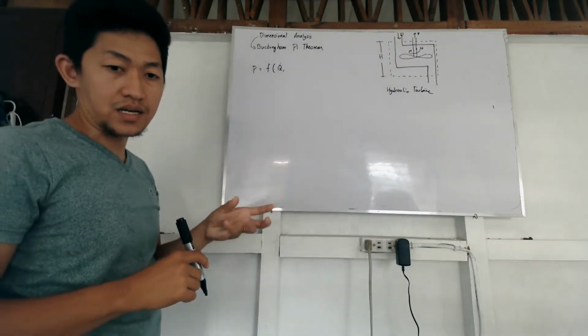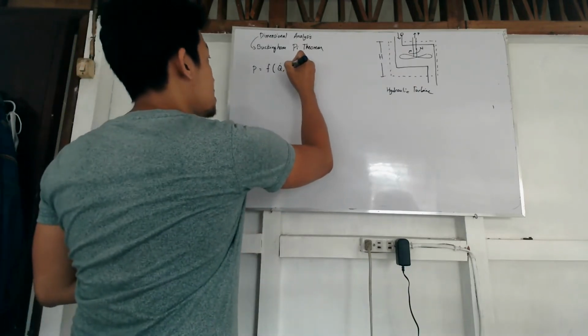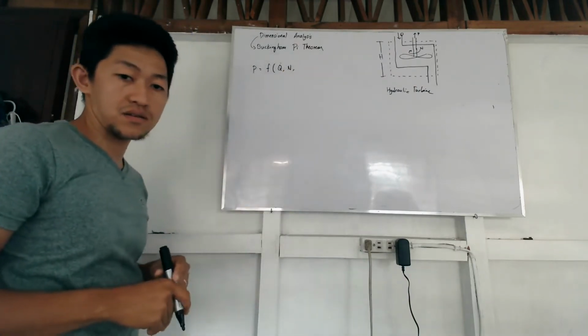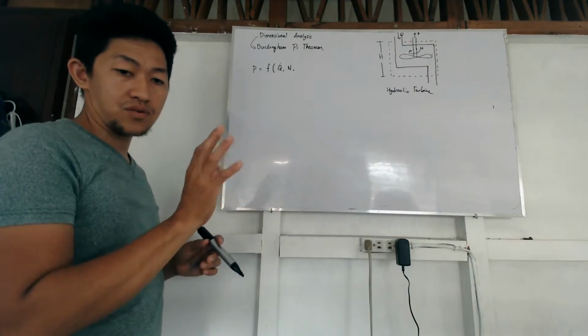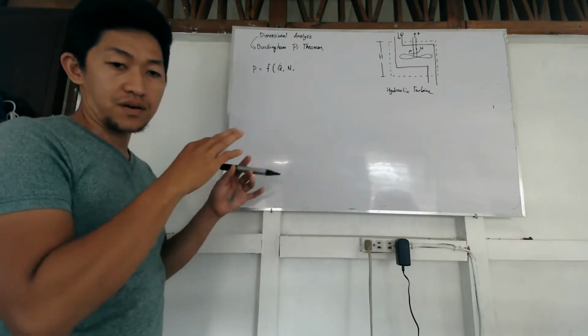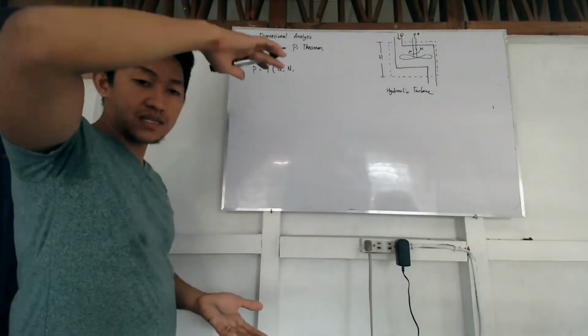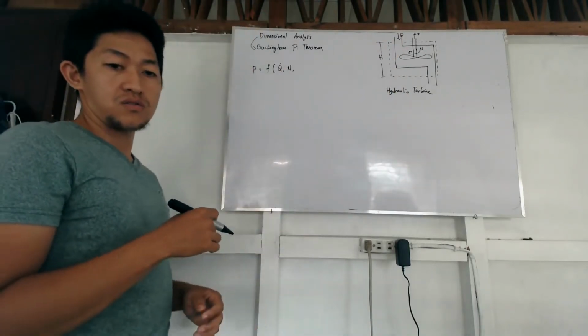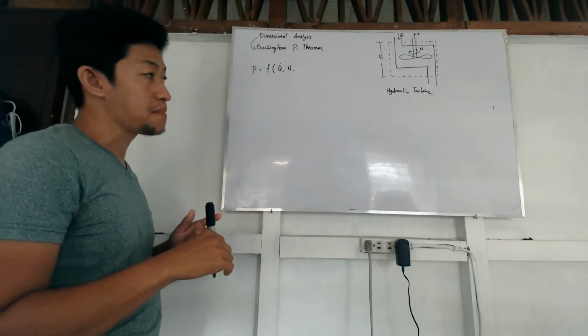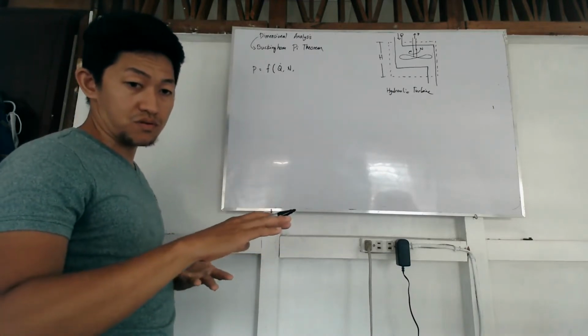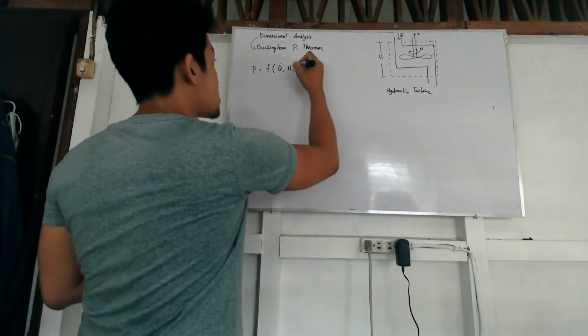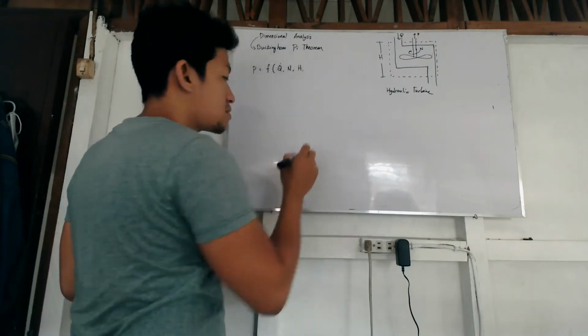Also the angular velocity, or the RPM, a slow rotation affects your power. Also the head, how high your water level is. If it is low, you get less power. So, a function of H.